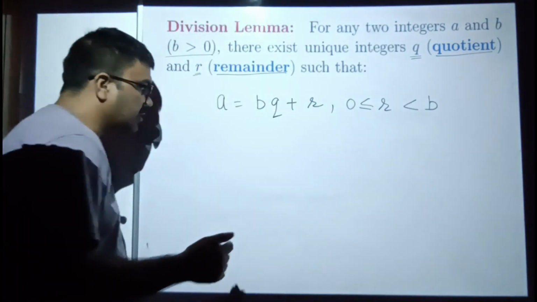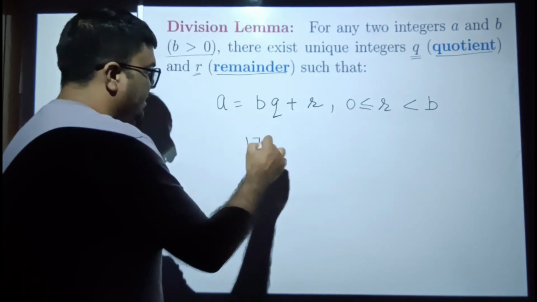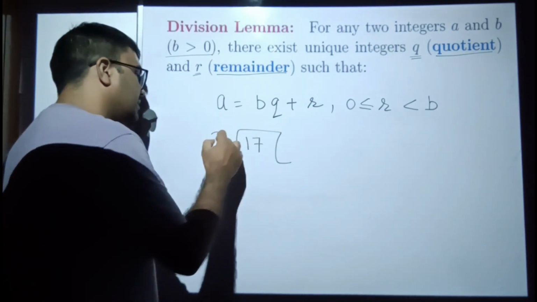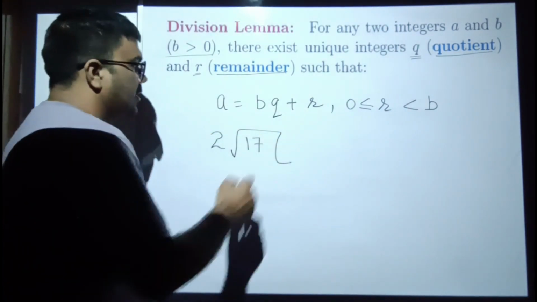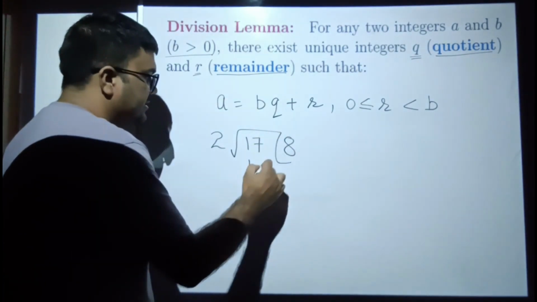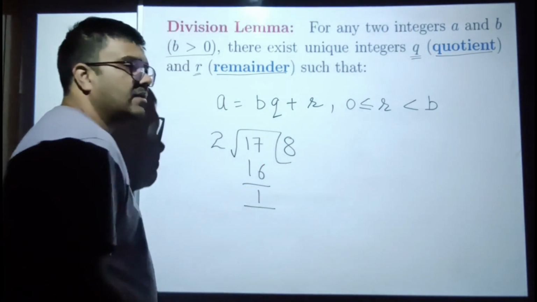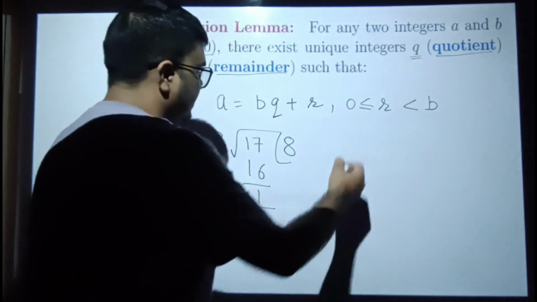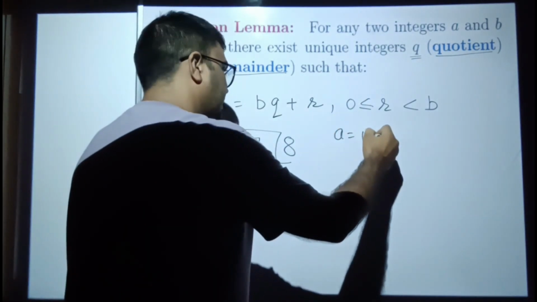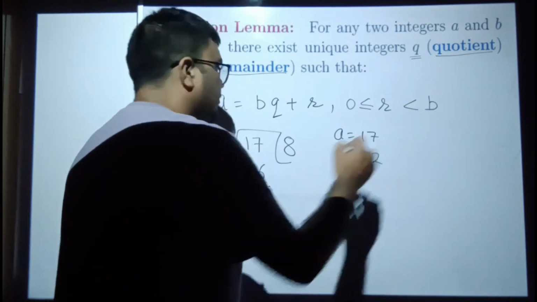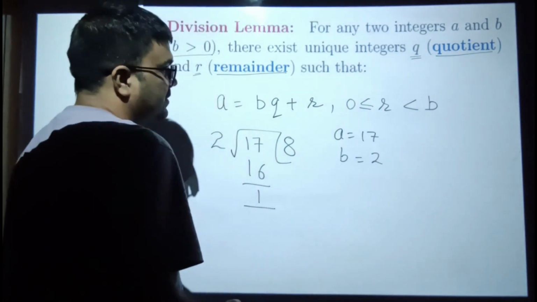Suppose I am talking about 17 and 2. We will have 2 eights are 16, remainder is 1. So we have considered a is equal to 17, b is equal to 2. We have these two numbers.